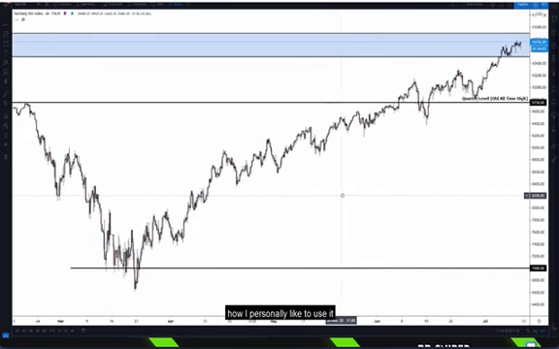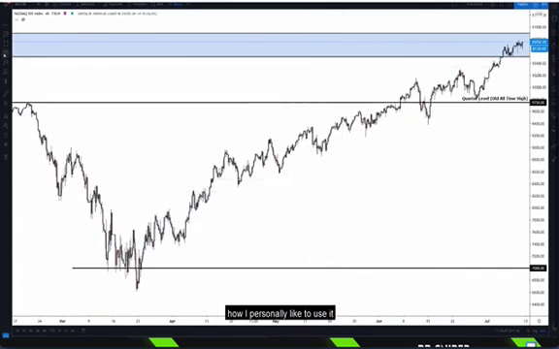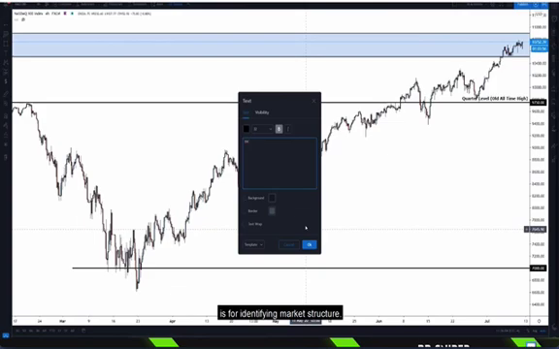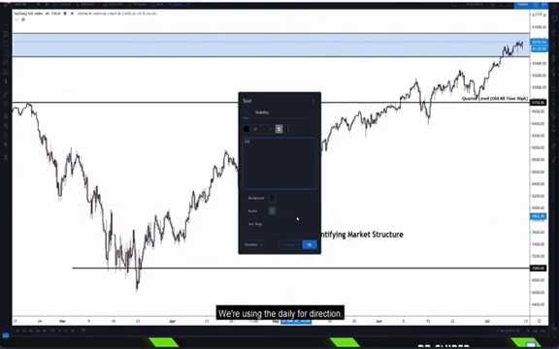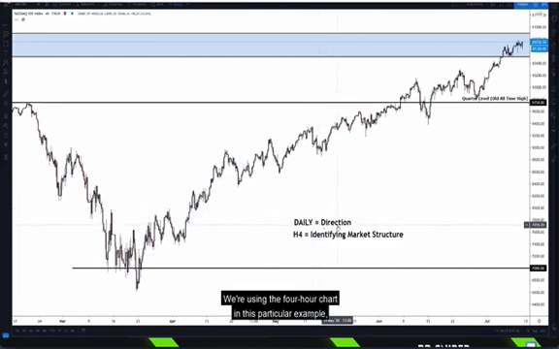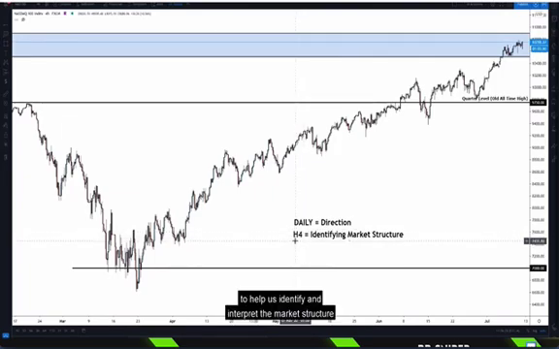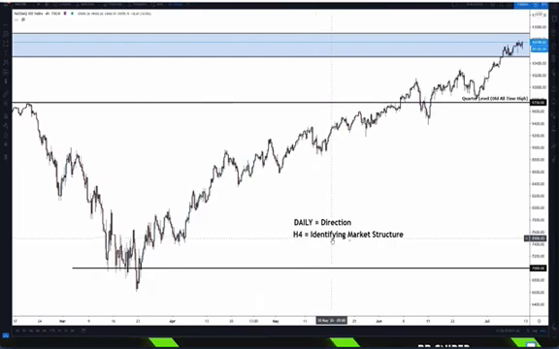The 4-hour chart, how I personally like to use it, is for identifying market structure. So we're using the daily for direction. We're using the 4-hour chart in this particular example to help us identify and interpret the market structure and give us a clearer idea of what actually happened.